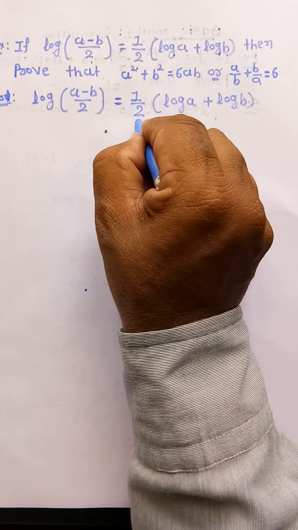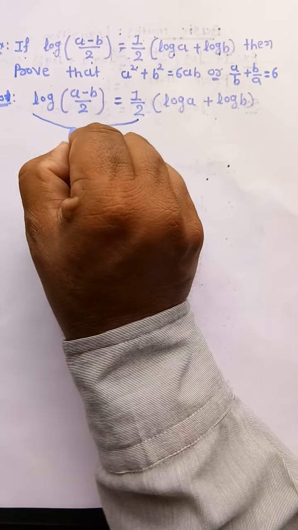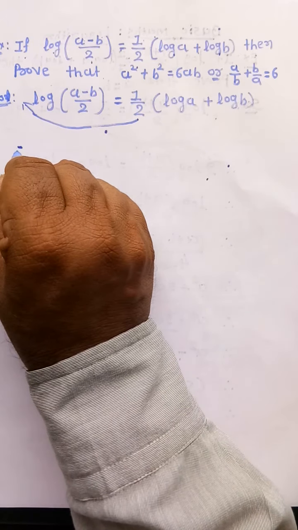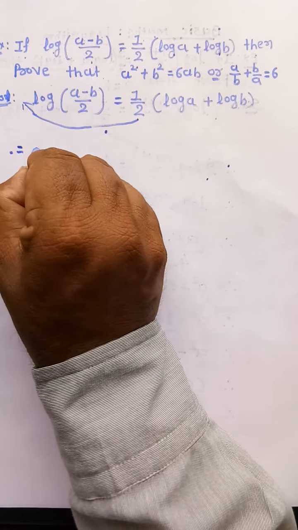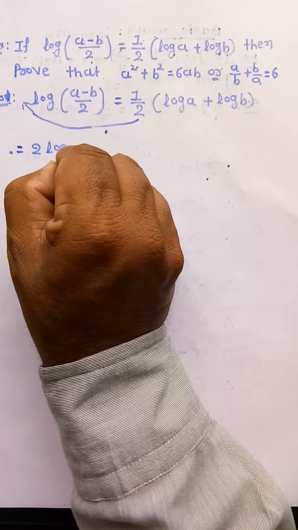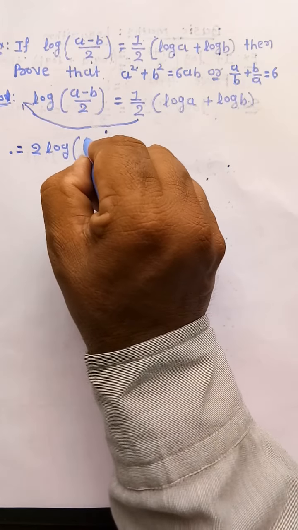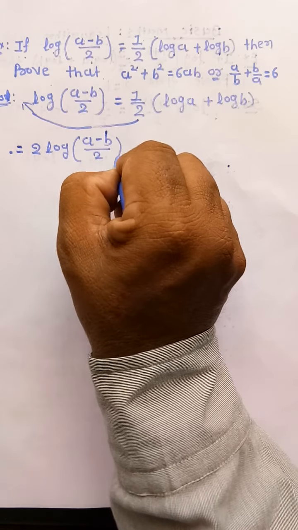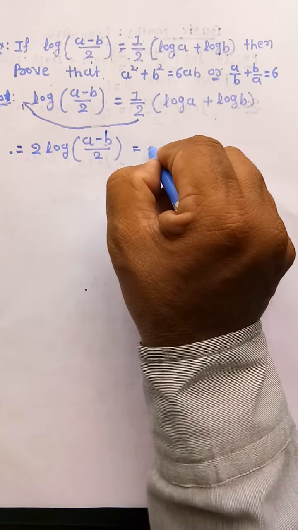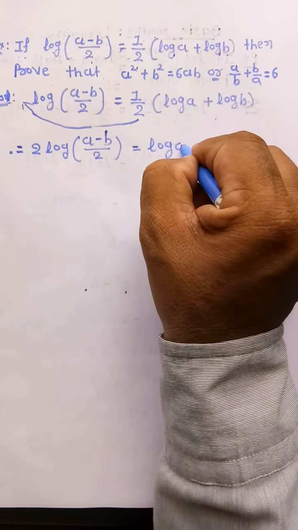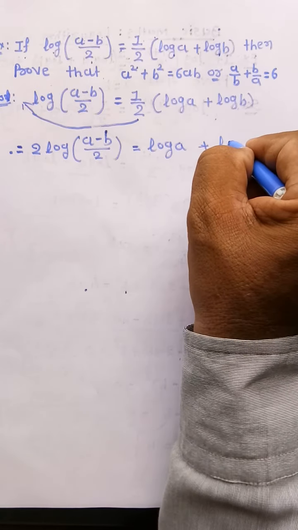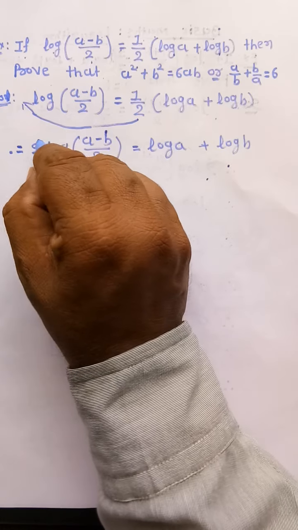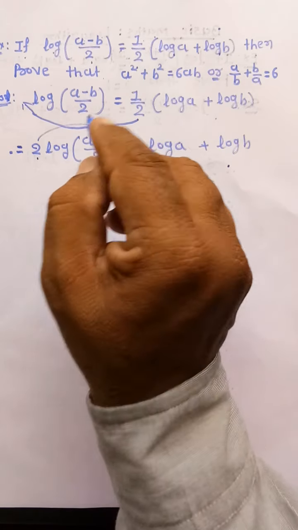Now 2 is here divide, then on the other side in multiplication. So 2 log (a minus b by 2) is equal to log a plus log b. Now 2 is here log multiplication, then goes to power.